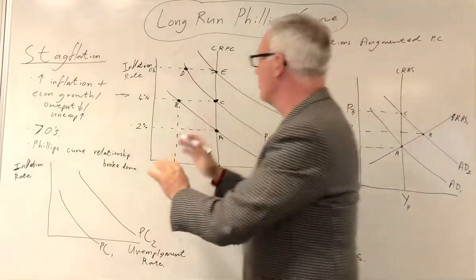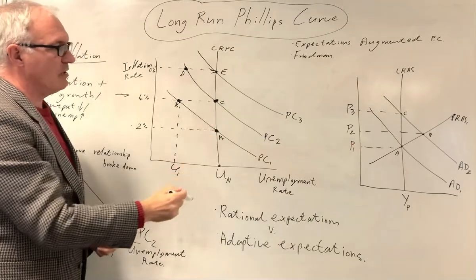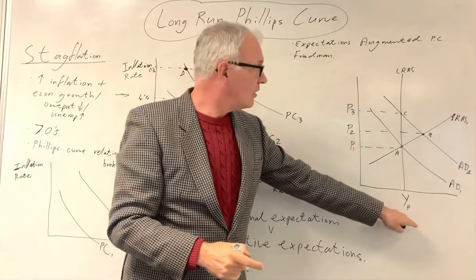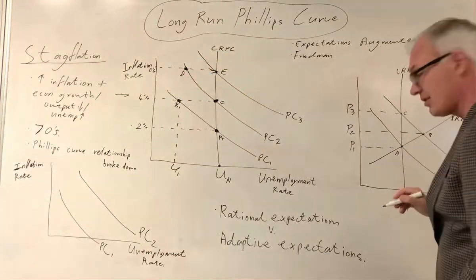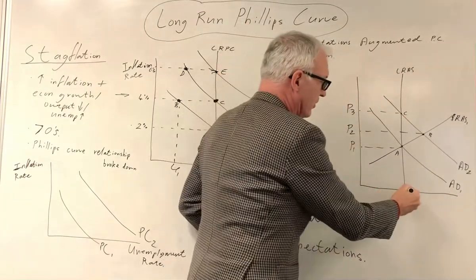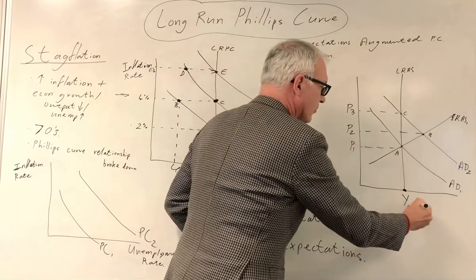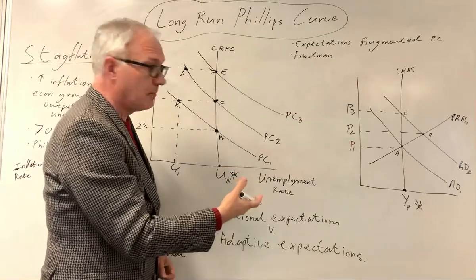So this diagram can actually be explained quite neatly by the neoclassical long-run aggregate supply curve. The neoclassical long-run aggregate supply curve refers to potential output, and this is your potential output, which corresponds to a certain level, the natural rate of unemployment.